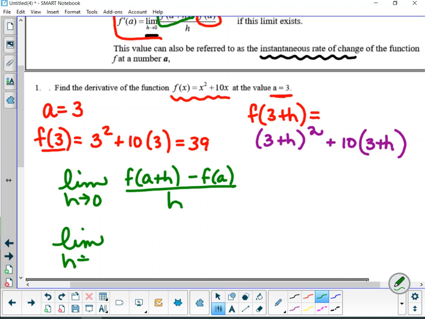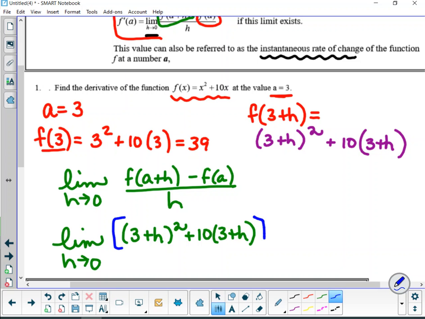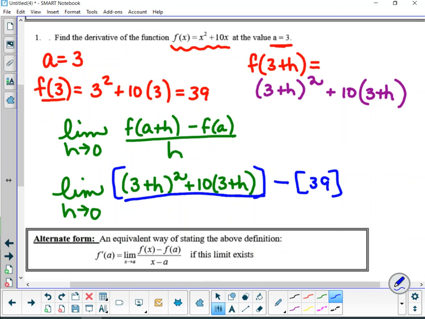So in this problem, that's 3 plus h all squared plus 10 times 3 plus h, all that together, minus 39, all divided by h.